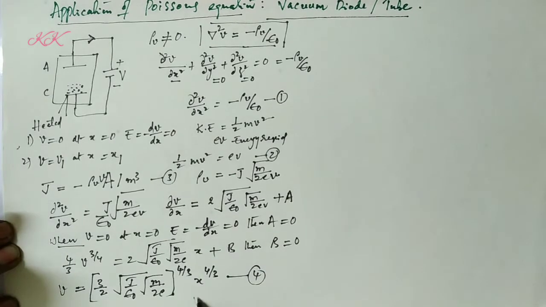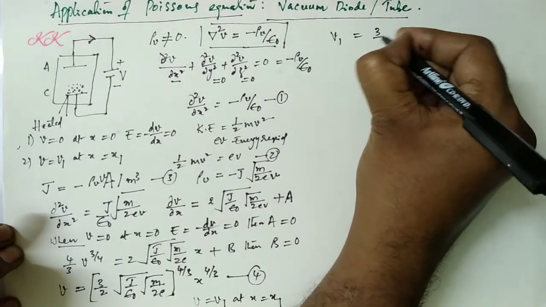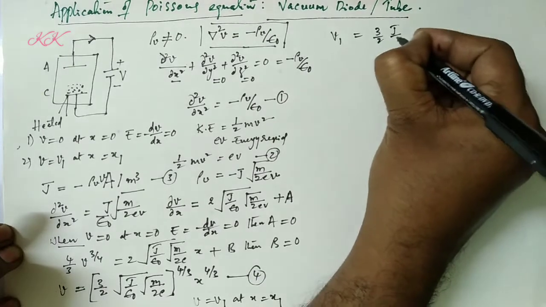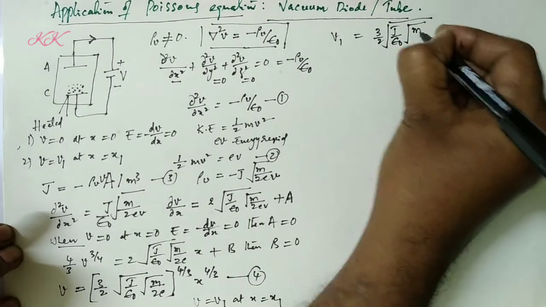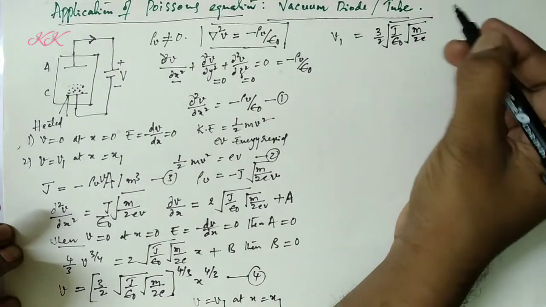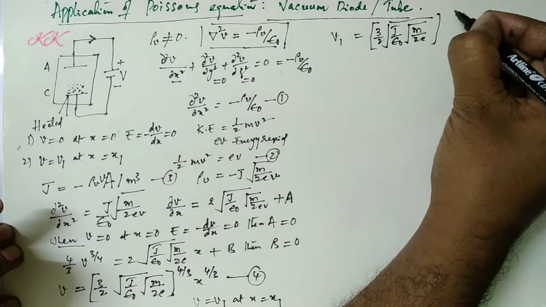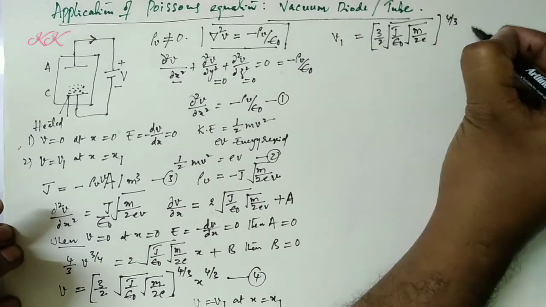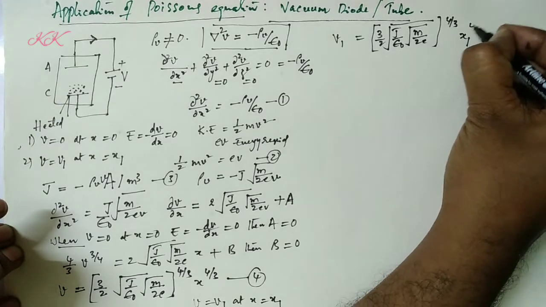Applying the boundary condition that V equals V1 at x equals x1, V1 equals 3 by 2 J by epsilon naught under square root of m by 2e, whole to the power of 4 by 3, x1 whole to the power of 4 by 3.